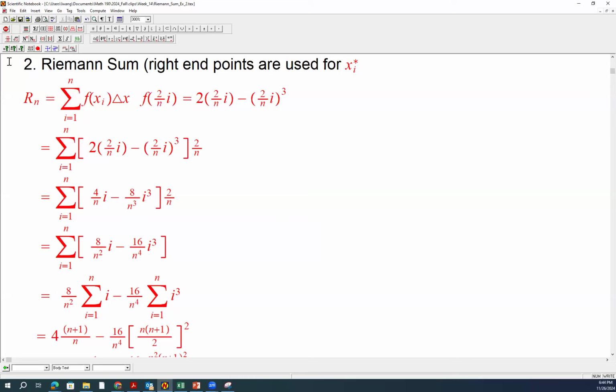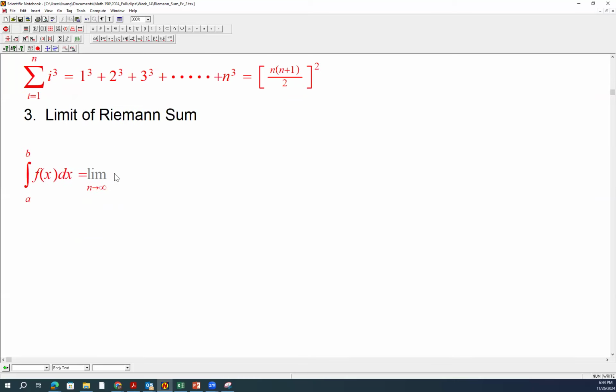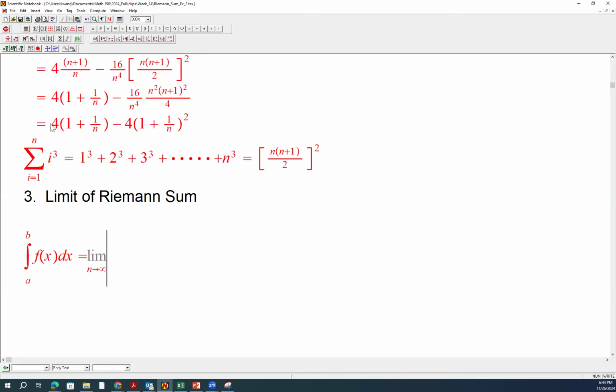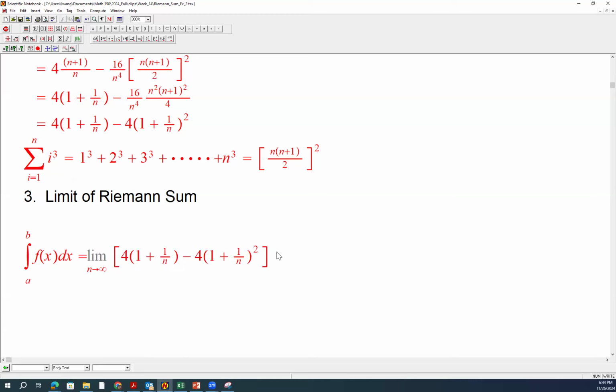Ready to take limit, right? We're going to take the limit of the Riemann sum, and the limit of the Riemann sum is the whole of that piece. Okay, we should keep them in the bracket so it doesn't cause any confusion. It's a limit ready. Okay, so we can apply limit law.